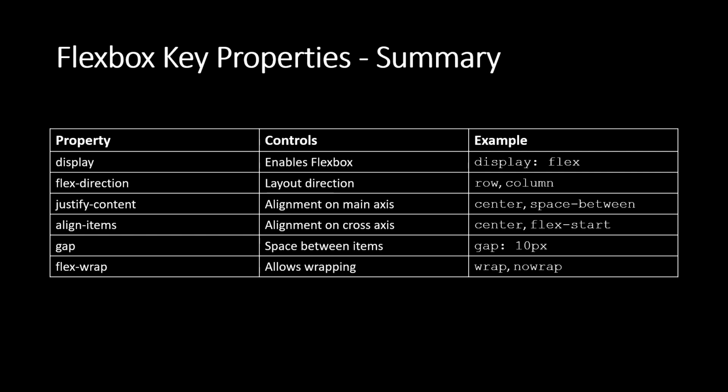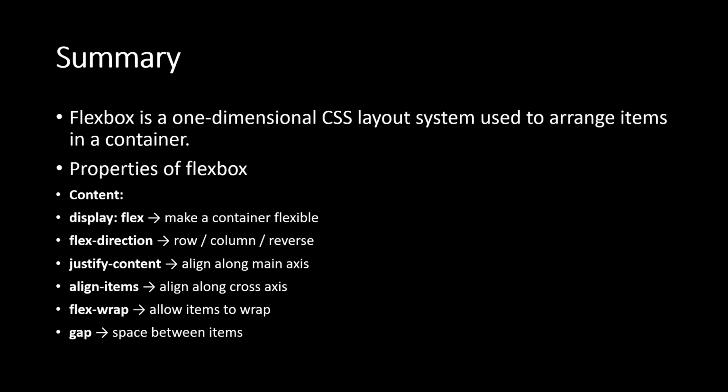Justify content aligns items on the main axis, while align items sets or aligns the elements on the cross axis, while gap is used for space between items, right? While flex wrap wraps one item into two lines, right?